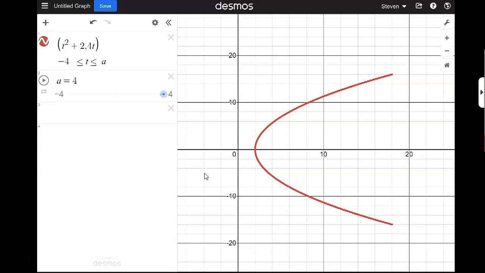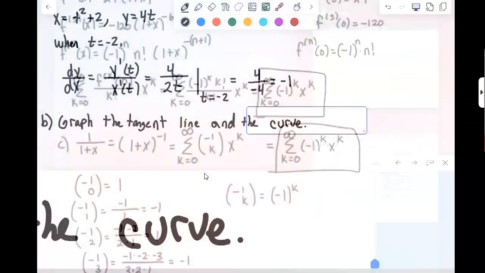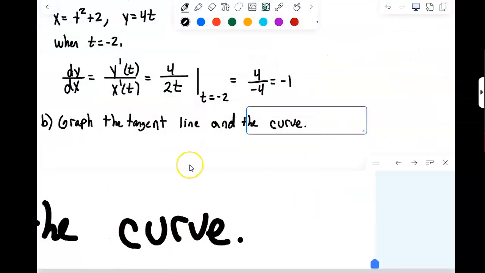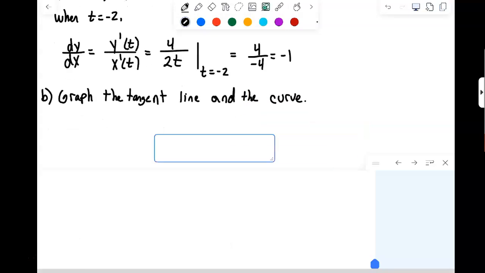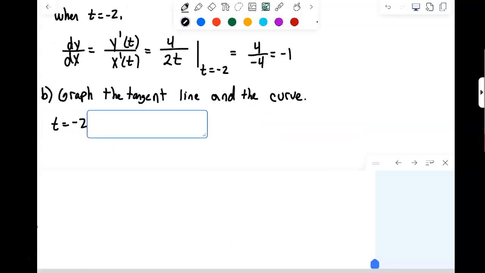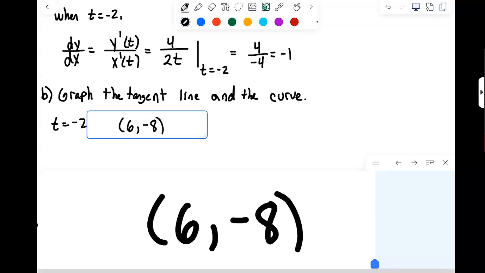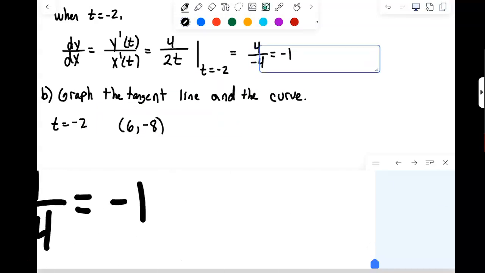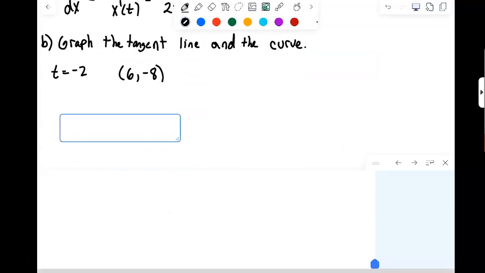Then the point we were dealing with was when t was equal to -2. If we go back and look that up from our table, t was equal to -2, x was 6, and y was -8. So at t equals -2, we're dealing with the point 6, -8, and we know that the slope of the curve is -1.